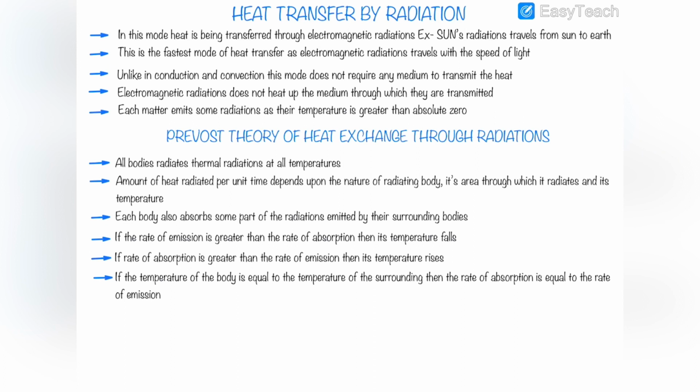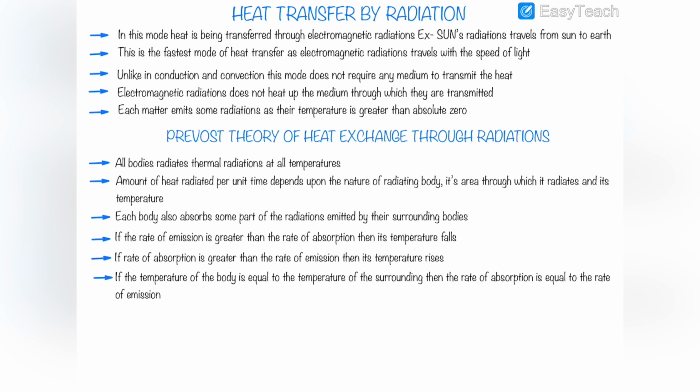Now, the amount of heat radiated by a body is also dependent upon the nature of the radiating body, that is, how good a radiator that body is, and the area of exposure, which is the area through which that body is releasing the radiations.